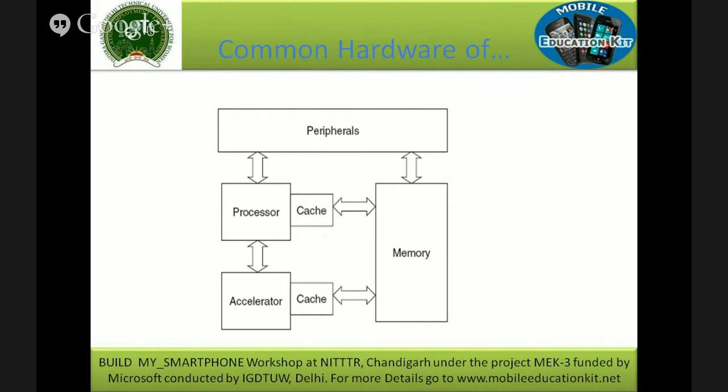Within the embedded, you may even get the desktop and the mobile as a part of embedded. But if we classify these processors today, this is my own perception, we have processors for desktop systems, for servers, for mobile, and for embedded systems. So I can classify these four different families of processors available in the world.